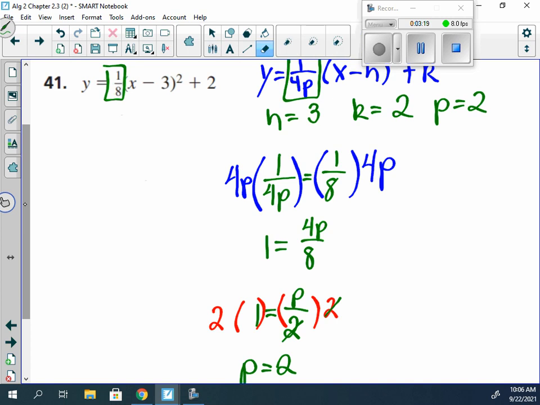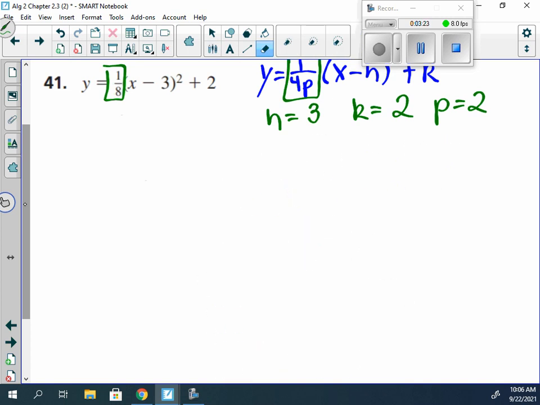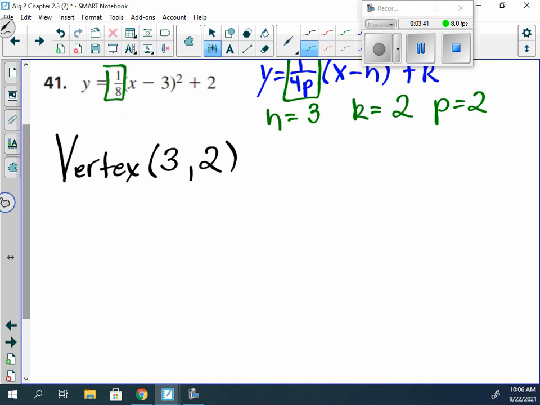Okay, I'm going to erase this here so I have a little more room. Now, vertex. Well, for either one, it's just H, comma, the value of H is 3, and the value of K is 2.